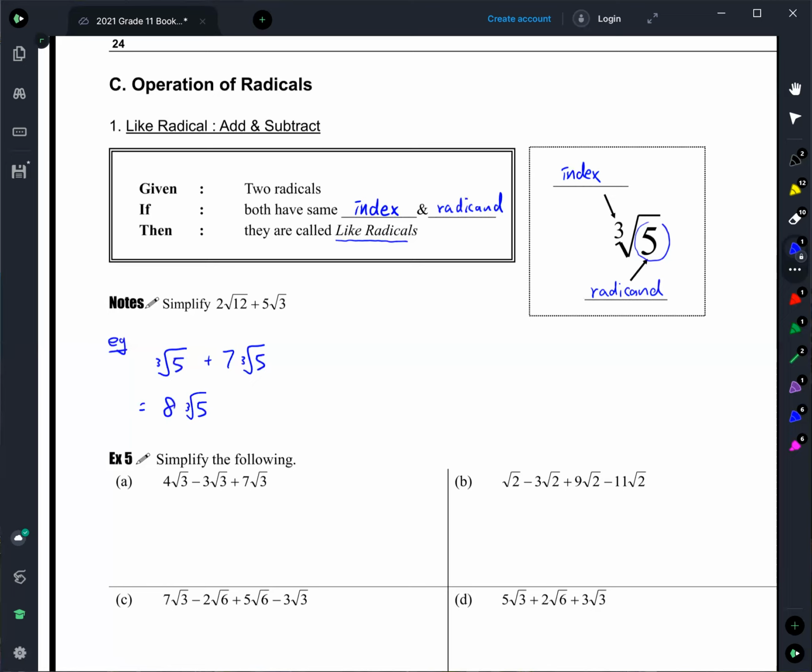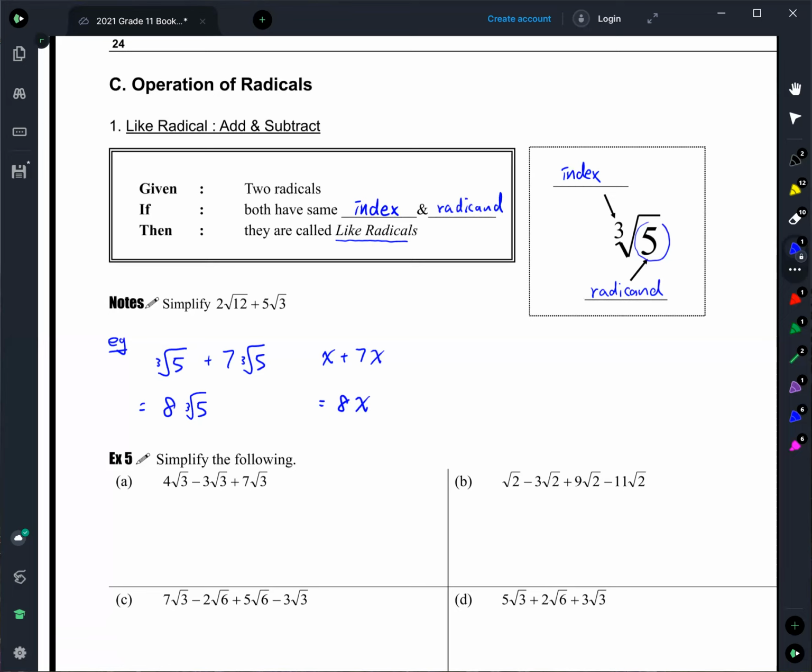It's similar to x plus 7x, which gives you 8x. A similar idea, so instead of x, we have cube root of 5. It's kind of like combining like terms.